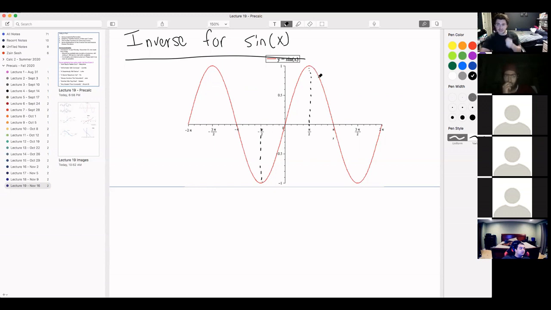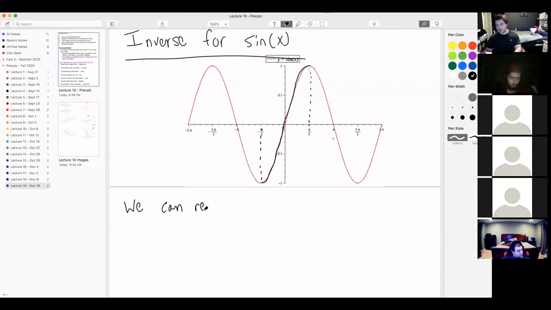And again, this is an arbitrary choice mostly. We're just doing this so it becomes one-to-one on this domain. We're just going to consider the piece of the graph right here from minus pi over 2 to pi over 2. So let me write that.